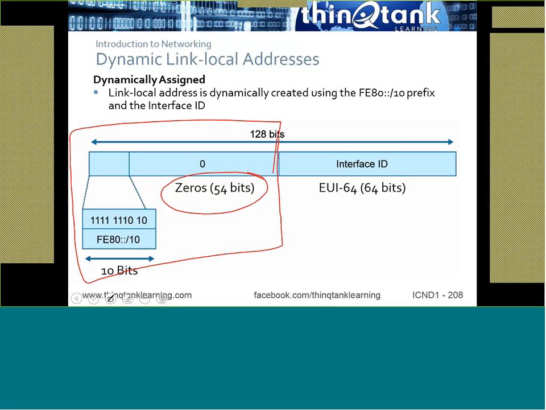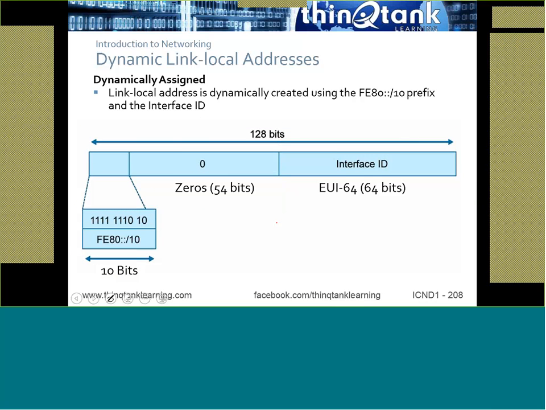Only the first 10 bits are modified, so that's where we get that FEB from. But look at the last half of that link local address. It's EUI-64. Just remember that. It may not make a whole lot of sense right now, but when we start to do chapters down the line, it'll make more sense why we have 64 bits identified.